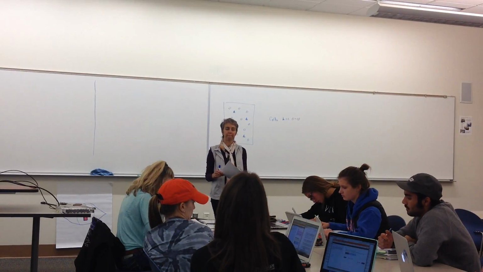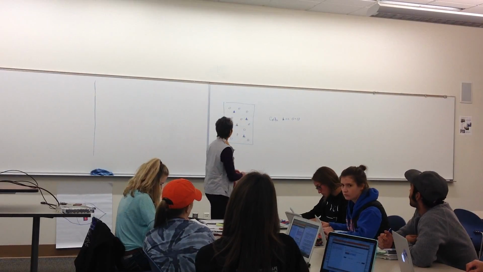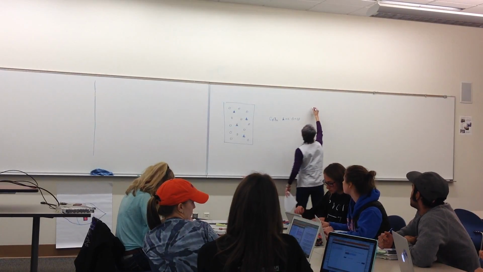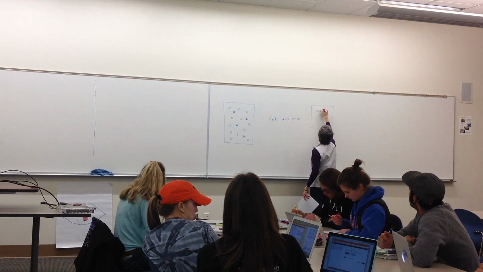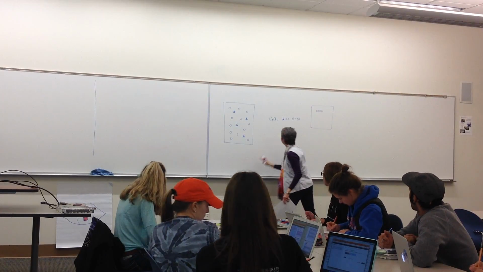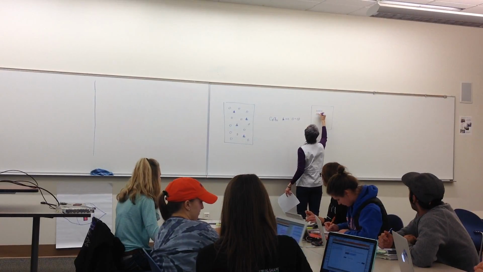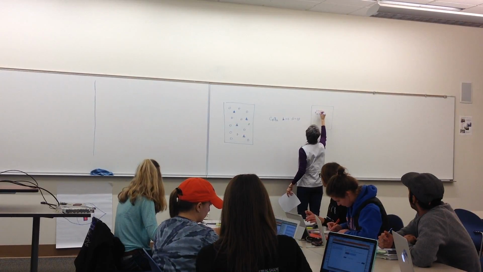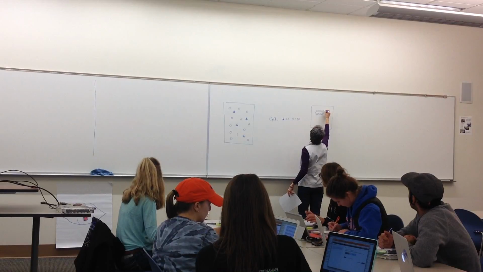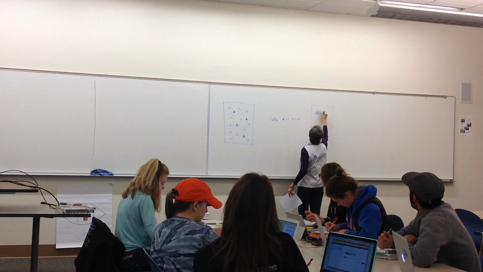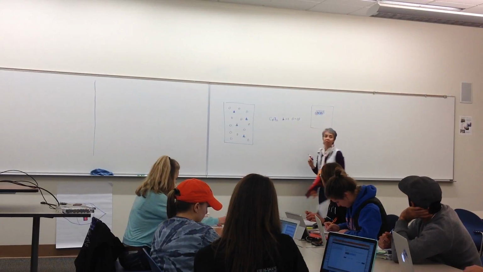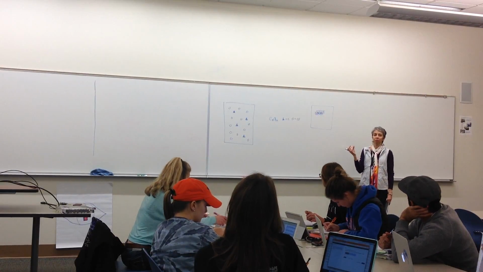So what would this look like if it was the right diagram? Oops, sorry, I did it backwards. Well, I'll just do this. What is it? 8, 10, 12. Right, they would look like they're bound together.